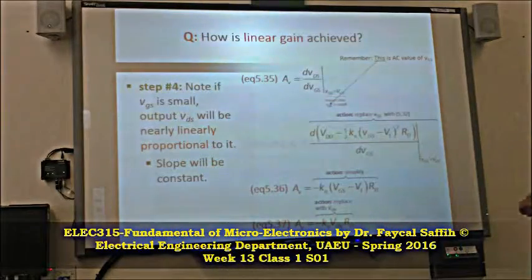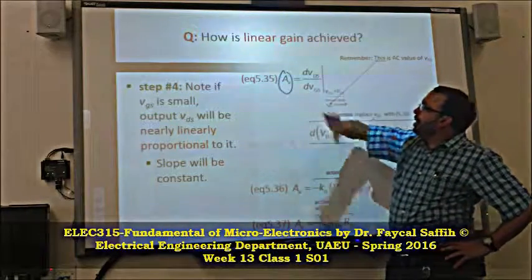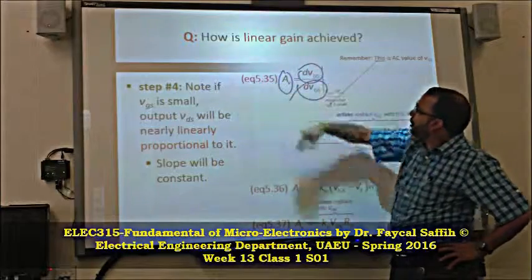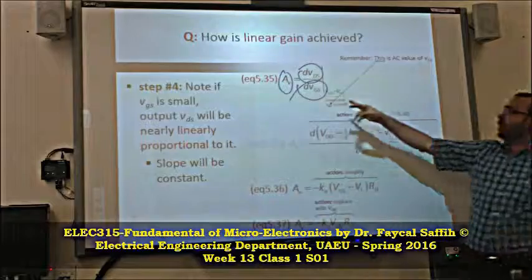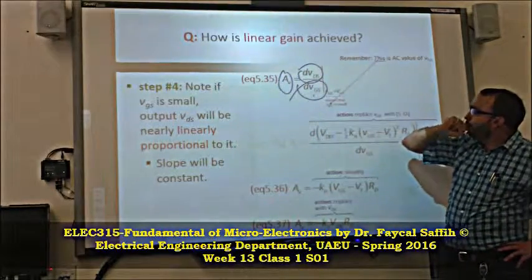So here we can calculate the voltage gain. This is the symbol, AV. It is the variation of the output with respect to the variation of the input. My input is VGS from the characteristic.